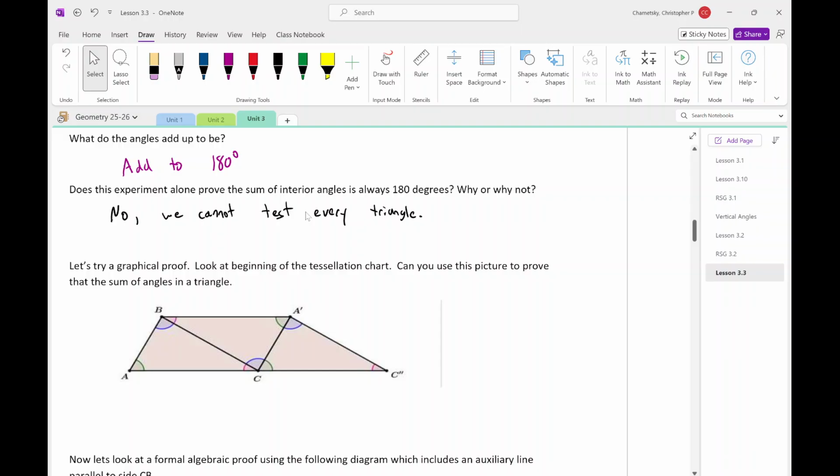Using our tessellation and our rotations, we're going to do a 180-degree rotation, and this blue angle is going to come down here. Then another 180-degree rotation, and that green angle is going to come around and land here.